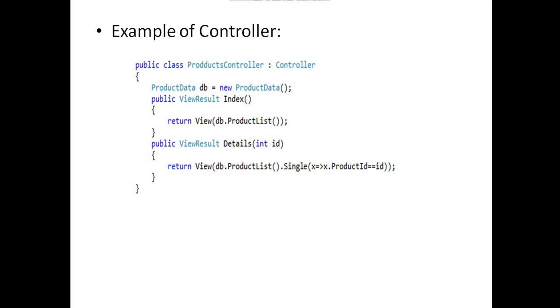Here we have a controller named ProductController, and in this controller, we have two action methods, the Index action method and the Detail action method. In this way, we can specify our controllers in our application.